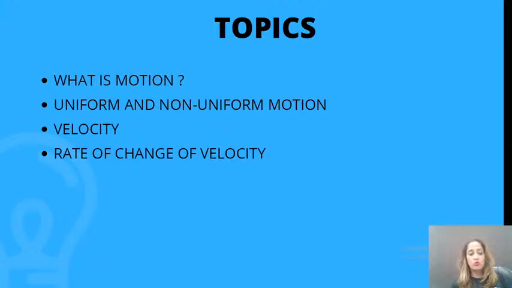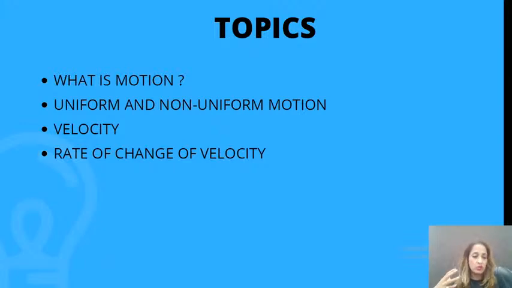We'll just talk about the basic concepts here, and in my upcoming classes we'll be discussing the advanced topics, like acceleration, the graphical representation, the formulas and the numericals. Today we'll just create the base.